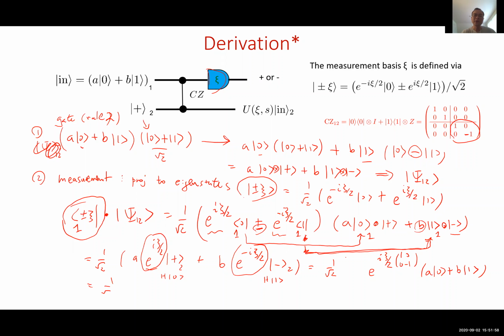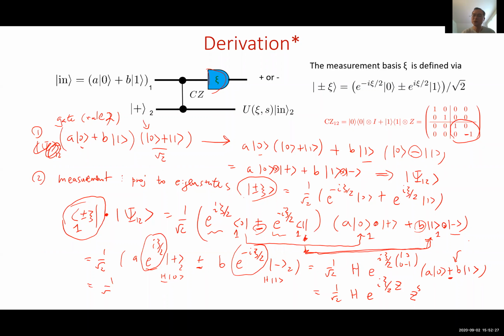But to get a minus sign, actually I have a minus sign to indicate the second case. And in order to turn the 0 to 1, I have Hadamard, so I just put Hadamard here. So this is the gate that I have: Hadamard e to the i psi over 2 z, and then z to the s.